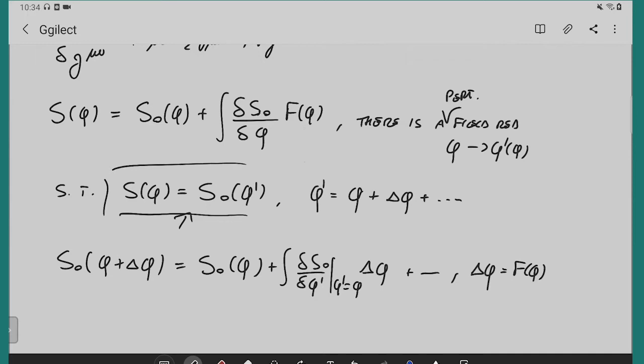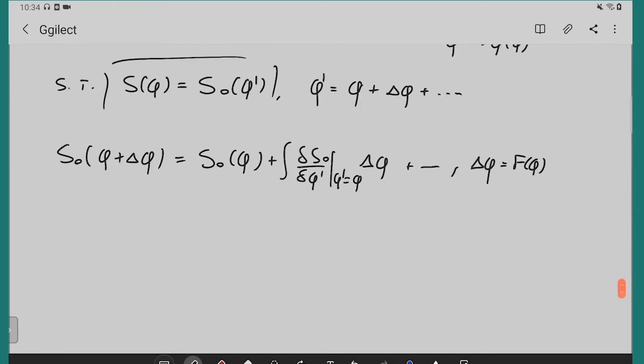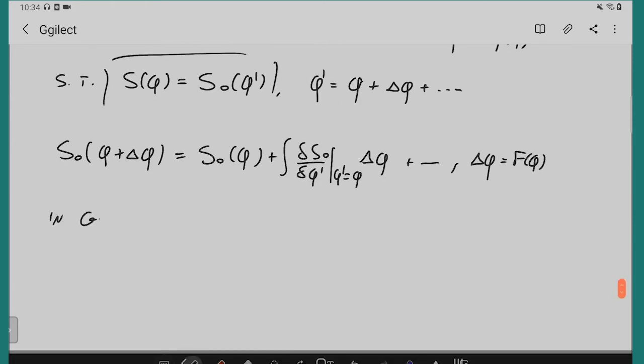With this, then you have found the field redefinition that absorbed away these terms. And the same is true in Einstein gravity. So in GR, we have a field redefinition of the metric in this case, which has this form.